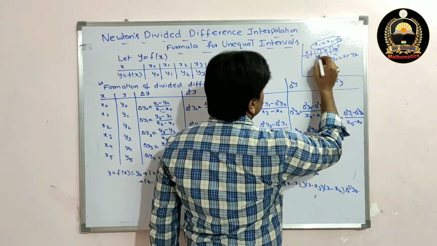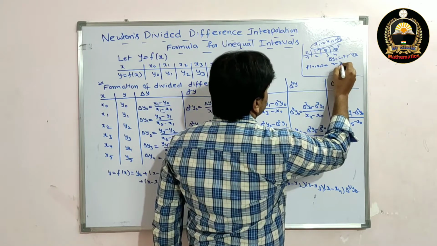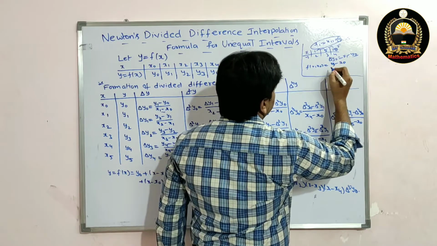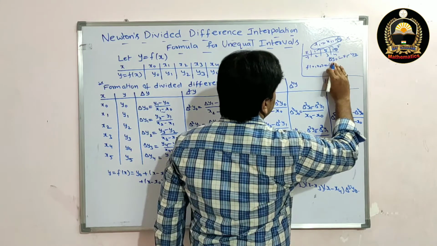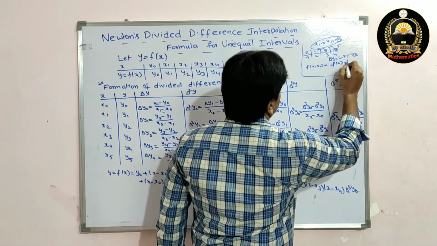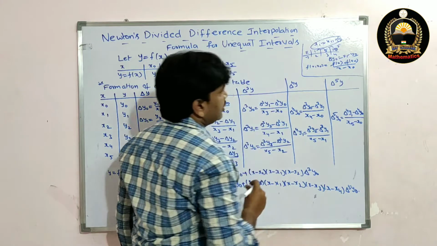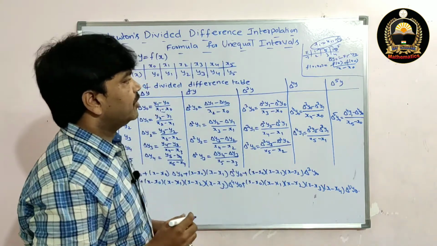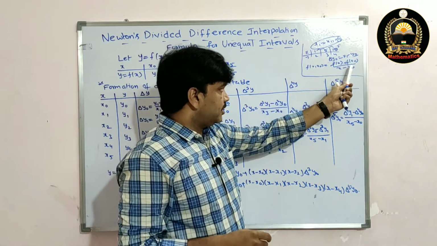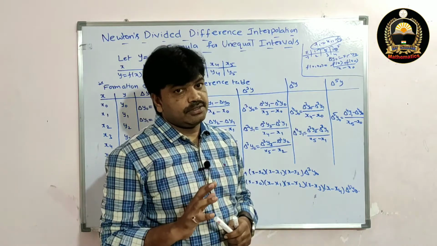He defined the divided difference as f of x comma x naught is equal to f of x minus f of x naught, divided by x minus x naught.